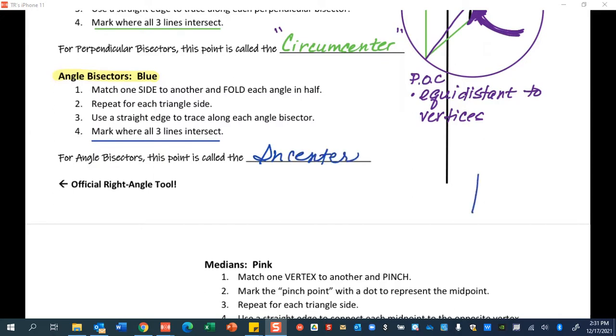And our in-center was when we had a triangle, and we went ahead and we divided each angle in half. And when we divided each angle equally in half by folding, we were shocked and amazed to see that again, each of those lines intersected in a point of concurrency. Now those angle bisectors continue on.